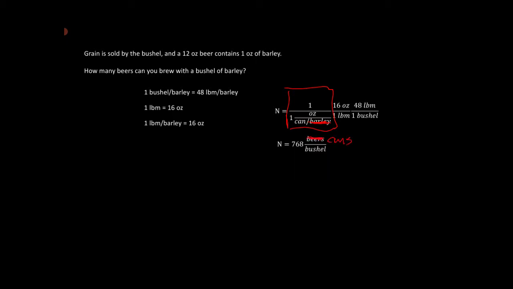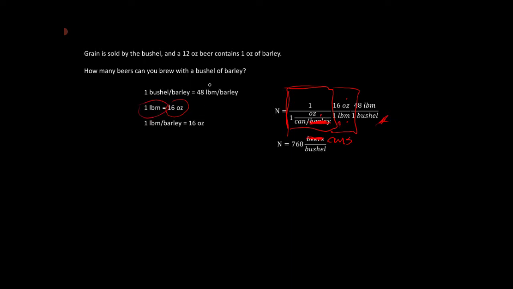And so, let's see, I got rid of all those other barleys. So we want that number, that's 1 over 1 ounce per can, and we want to get rid of those ounces and turn them into bushels. First thing we do is convert from ounces to pounds. If ounces is in the denominator here, it has to be in the numerator there, and so the 1 pound is in the denominator.